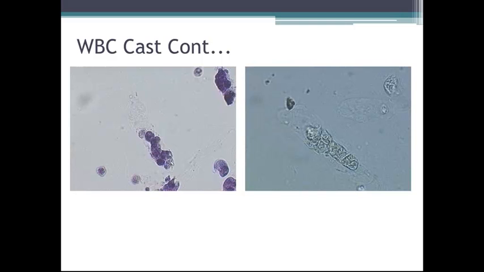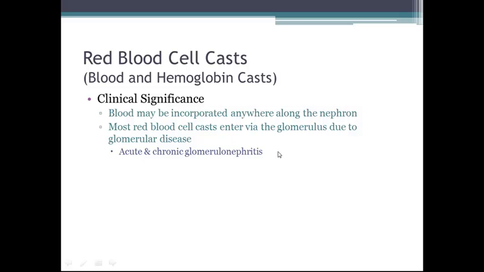So, watching for those parallel lines, see the parallel line here. This would be considered a cast, and then you have the white blood cells clumped together inside those linear linings. Here's another example. See the outer lining of the parallel sides and then the white blood cells within them.